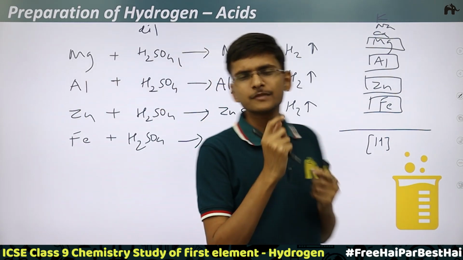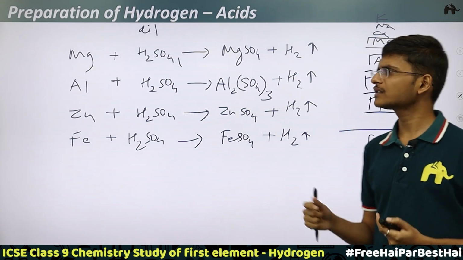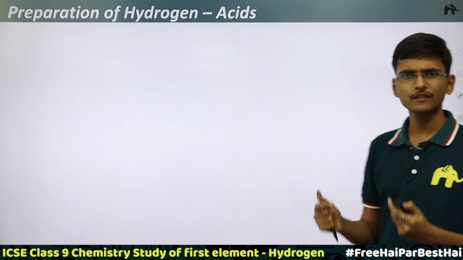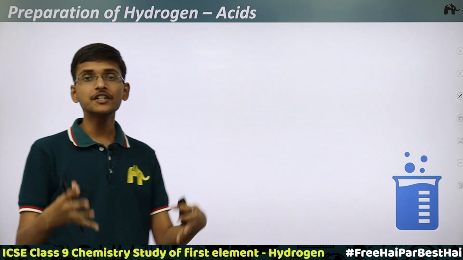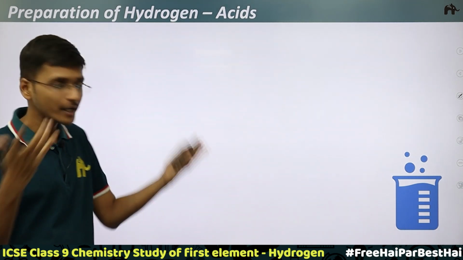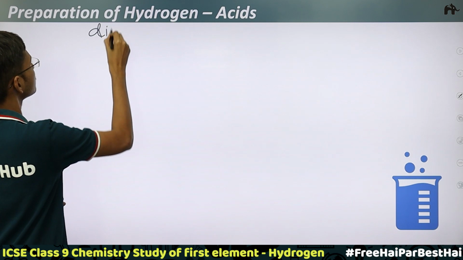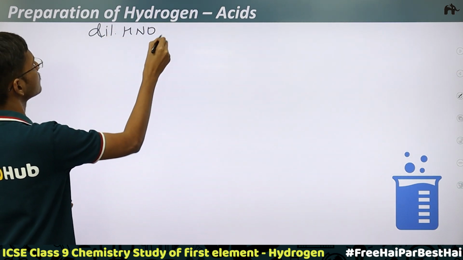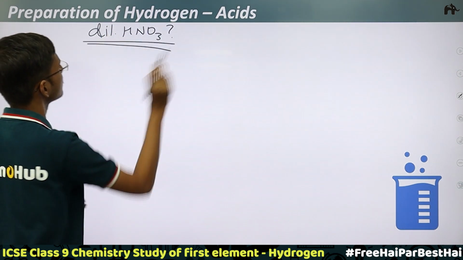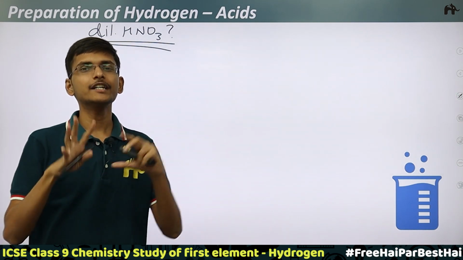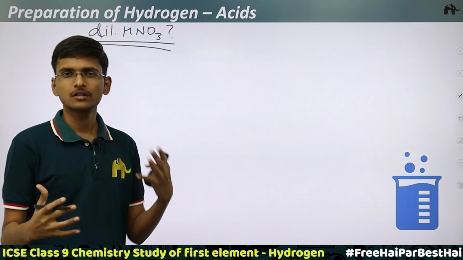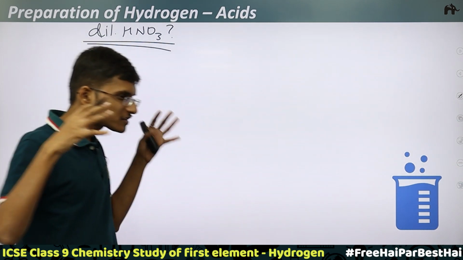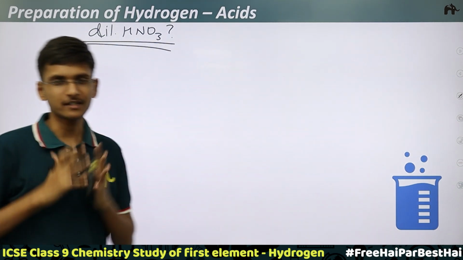Now, moving ahead, you would be having questions like: dilute hydrochloric acid and dilute sulfuric acid, why are we not using dilute nitric acid? Why not dilute nitric acid? This is a very valid and very interesting question. Dilute nitric acid is a powerful oxidizing agent, which means that it oxidizes the metals.